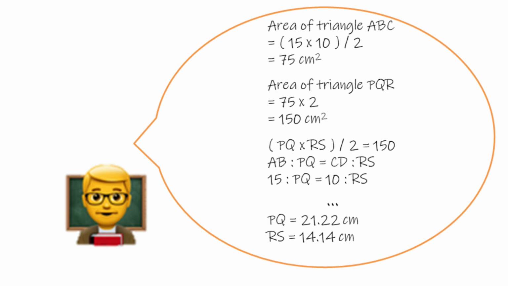Whereas AB to PQ equals CD to RS, which makes 15 to PQ equals 10 to RS. Now we can solve these two equations with two unknowns and get PQ equals 21.22 cm, RS equals 14.14 cm.